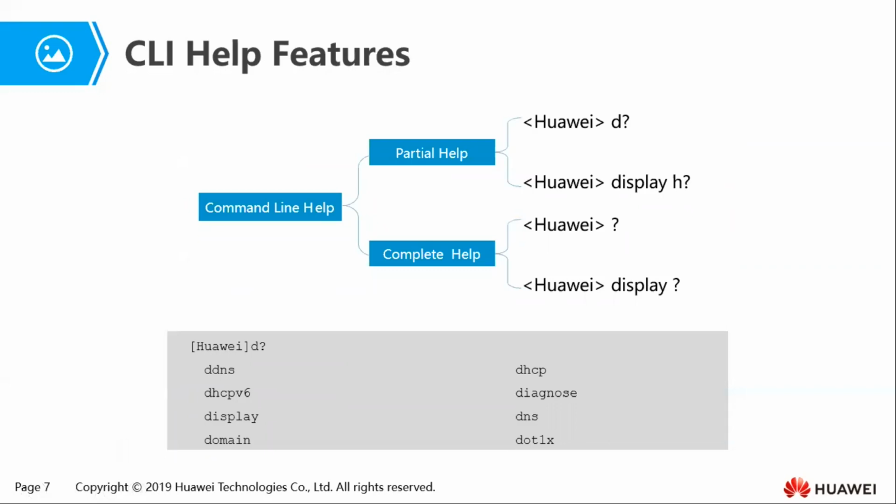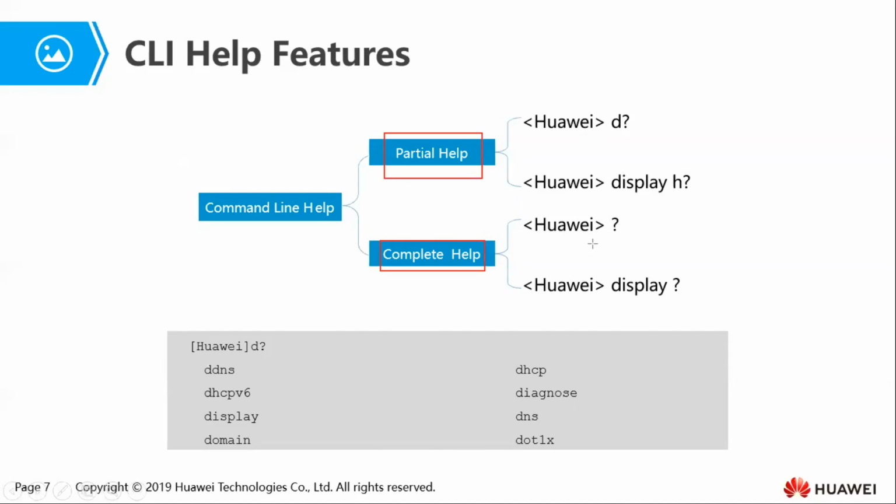Then most operating systems will usually offer you what we call the help features. In particular, VRP offers you what we call partial help and complete help. Complete help is when you cannot even remember the command that you really want to use.